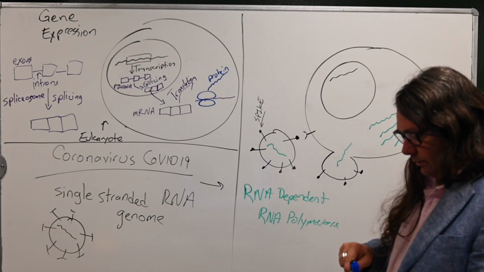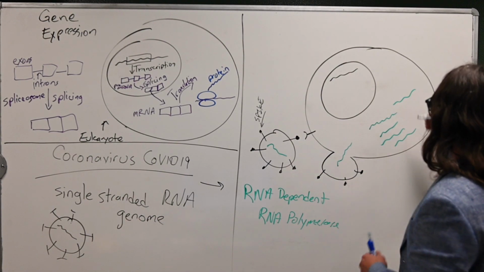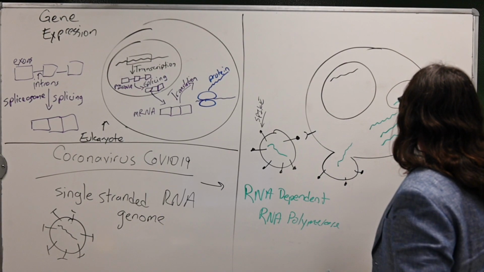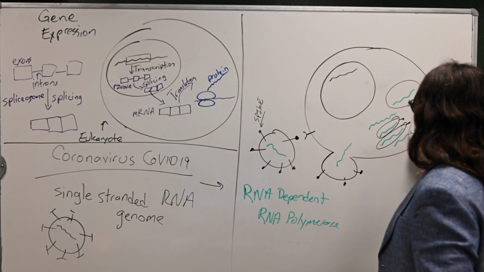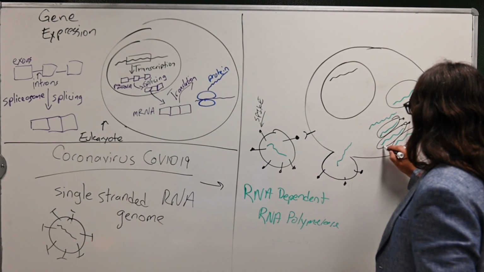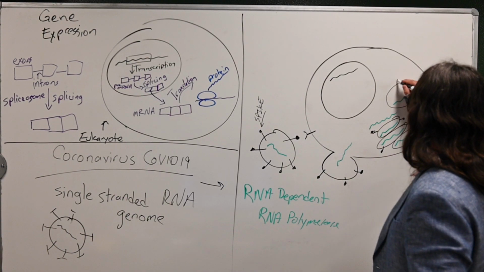Ultimately, you make more virus components, and these genomes get encapsulated with spike proteins and other proteins.